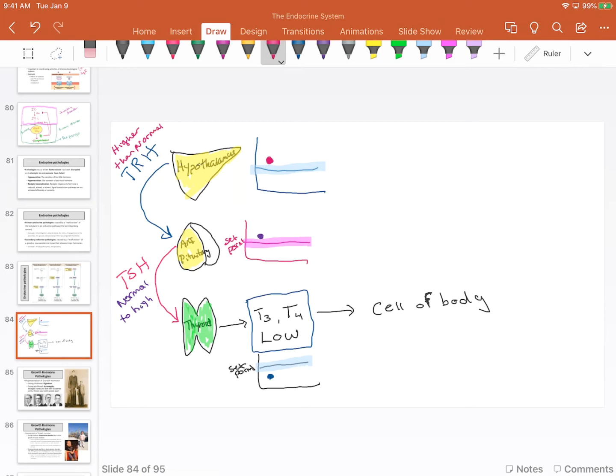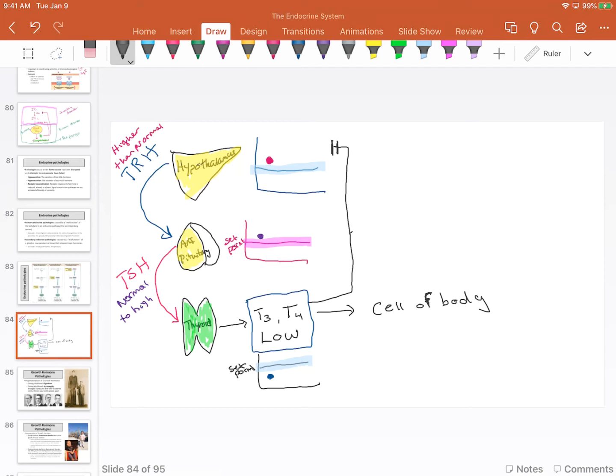Let's look at the feedback process before we finalize our answer here. T4 and T3, of course, act on the cells of the body, but they're also going to feed back to regulate the release of TRH. Now, remember, this is foot on the brakes and foot on the gas.